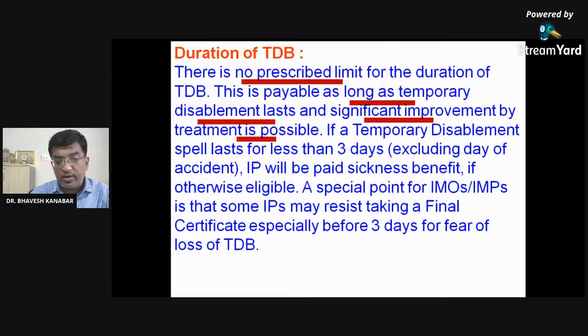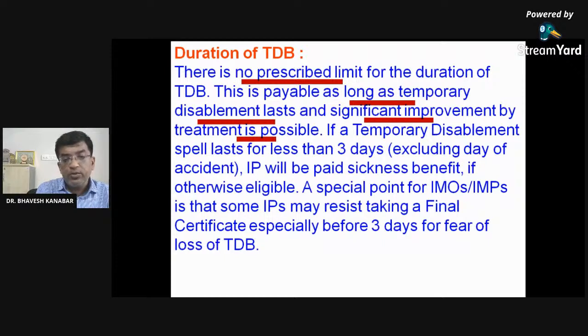Yes, medical benefit, sickness benefit, maternity benefit. Then which other benefits? Two, three more remaining. Okay, very good. Maternity benefit, dependent benefit, temporary disability benefit.